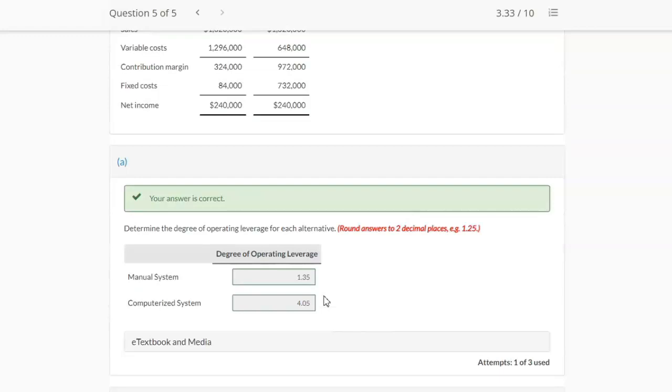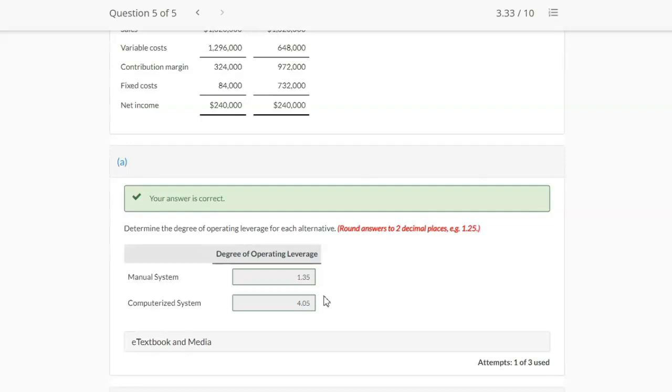Okay, do the same now for the computerized system. 4.05 times the percentage increase in sales. The percentage increase in sales was 0.079. So for every increase in sales, the profit's going to go up 4.05. All right, so multiply 4.05 times 1.079.